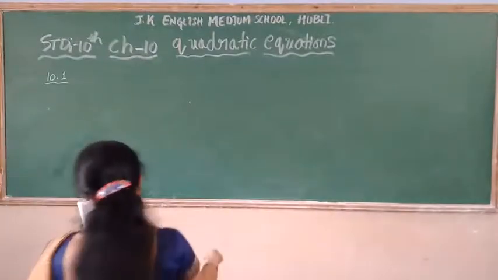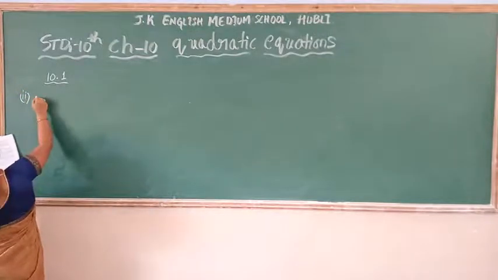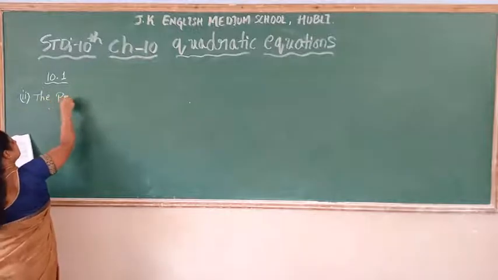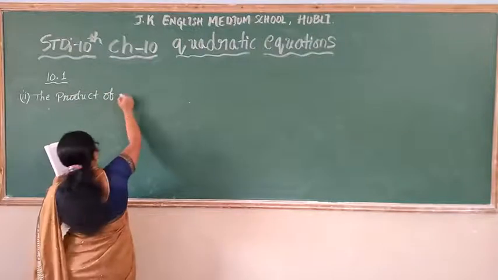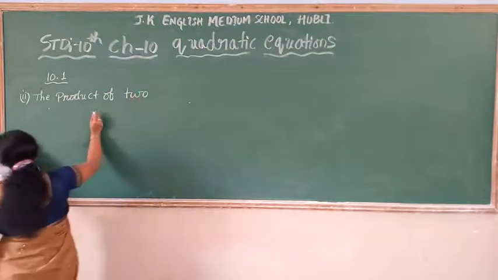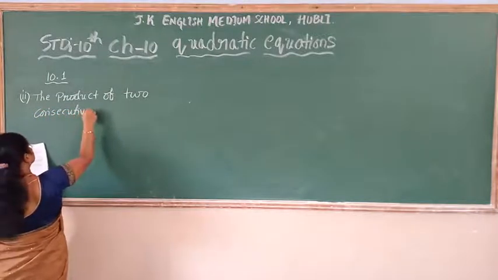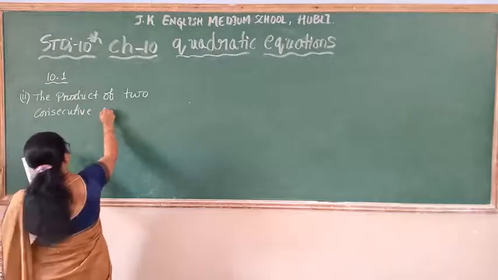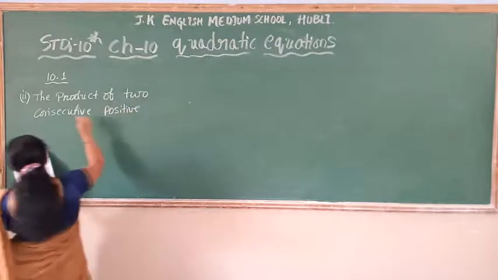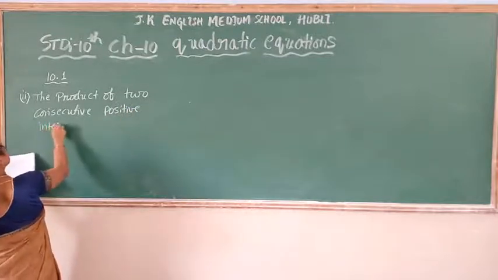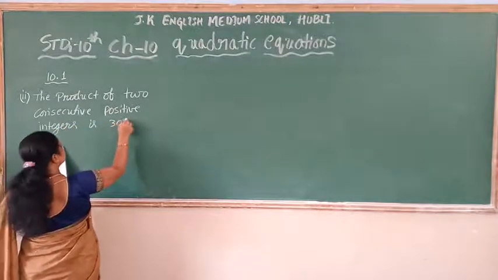Children, the next question. The second question: the product of two consecutive positive integers is 306.